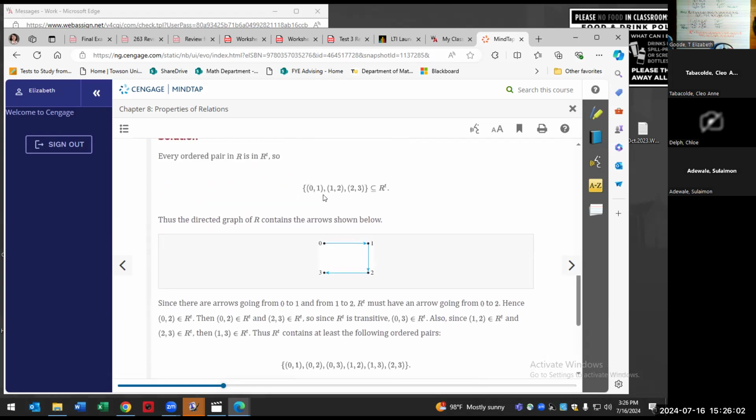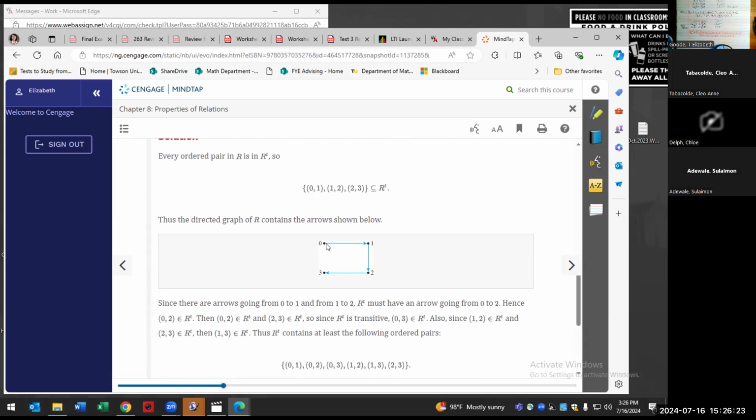But the idea here is that if you think about 0, 1 and 1, 2, we need 0, 2. So that was what I drew on the board, and we can look at that now. We have an edge from 0 to 1, and an edge from 1 to 2.